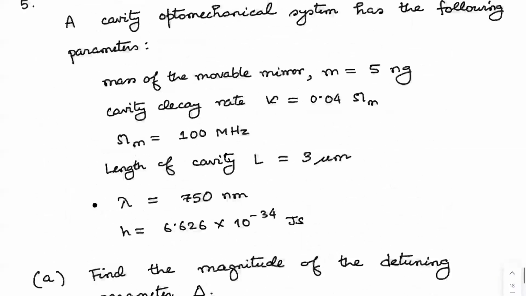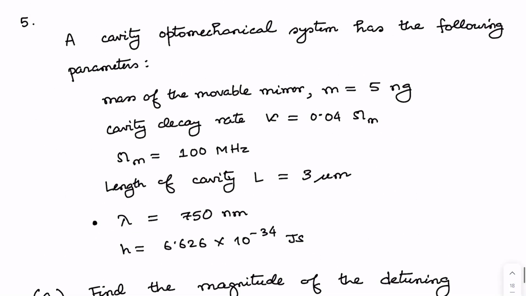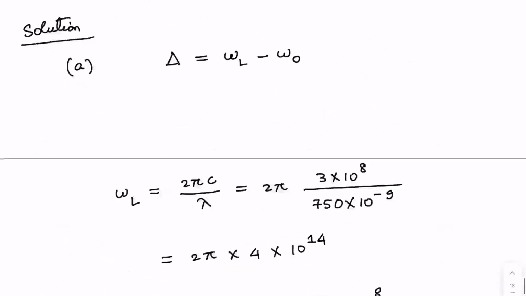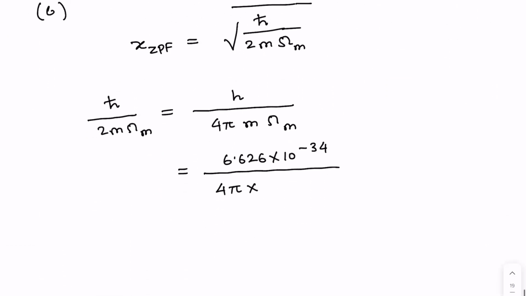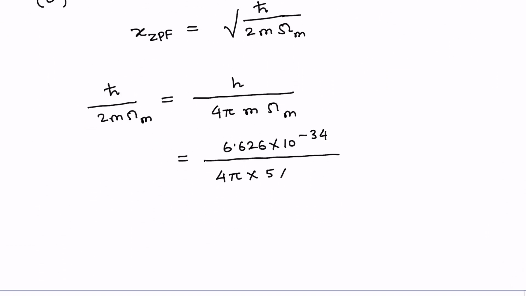Let us see again. Mass is given as 5 nanogram. So it is going to be 5 times 10 to the power minus 9 gram, but I have to write it in kilograms. So then I have to put another 10 to the power minus 3, this much of gram, and omega m is 100 megahertz. That is what is given.